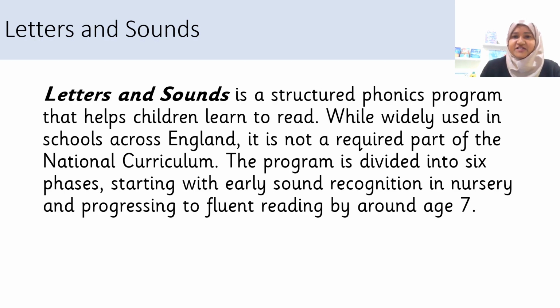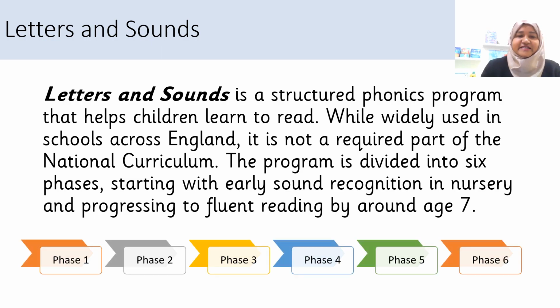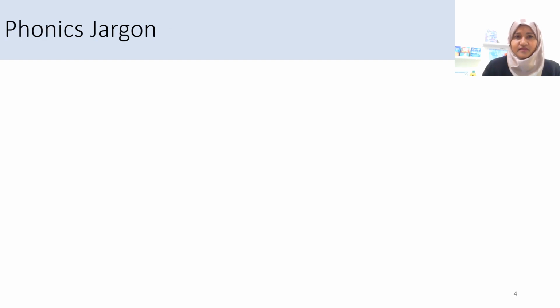Letters and Sounds is a structured phonics program that helps children learn to read. While widely used in the schools across England, it's not a required part of the national curriculum. The program is divided into 6 phases, starting with early sound recognition in nursery and progressing to fluent reading by around age 7.